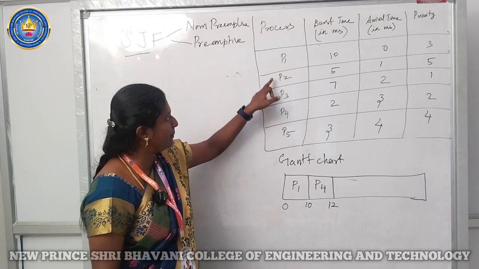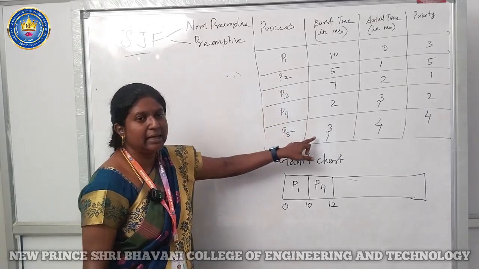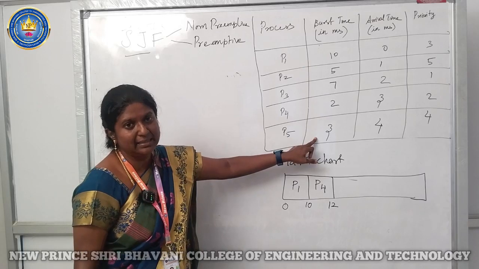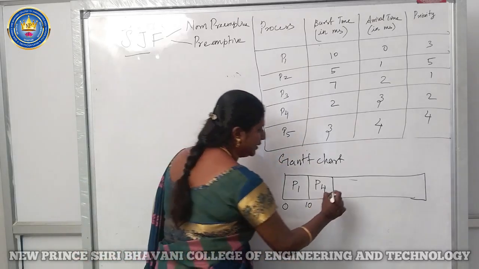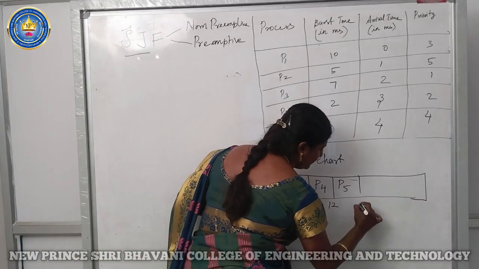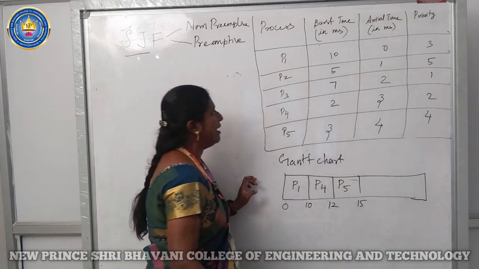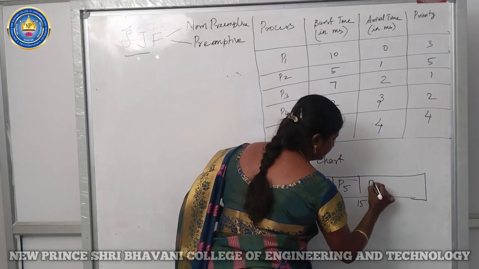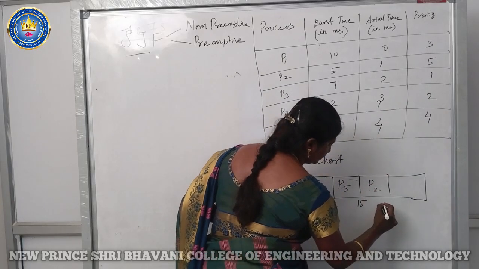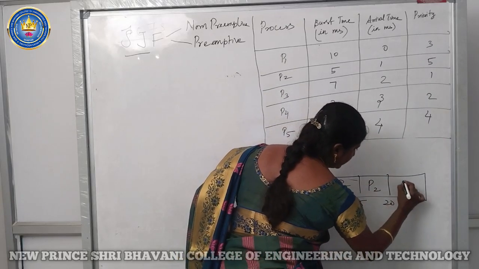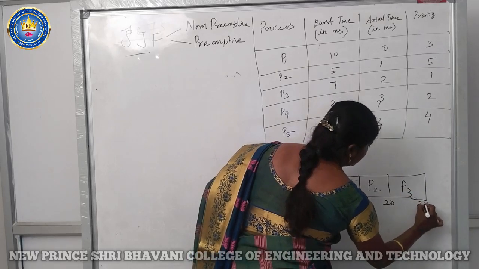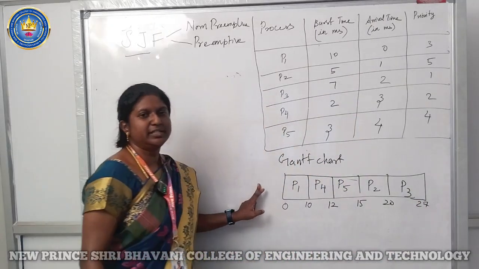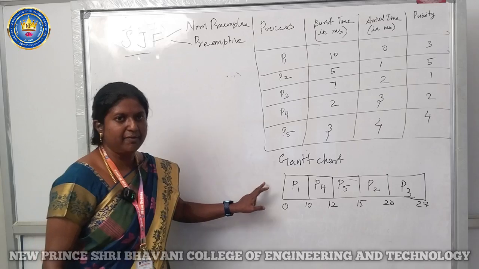Checking P2, P3 and P5, P5 has the smaller burst time, so we allocate to P5. Then next we go for P2 and then P3.